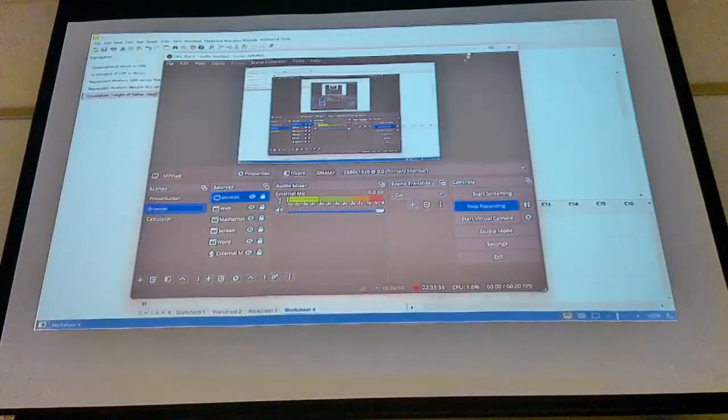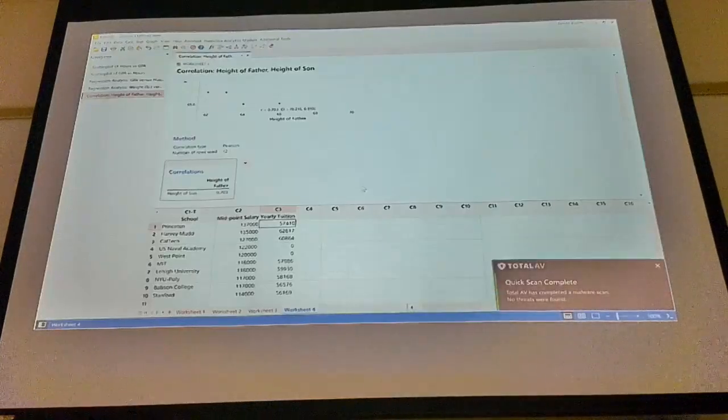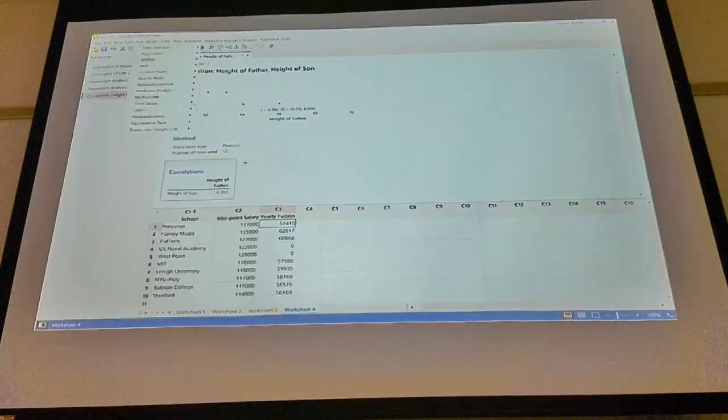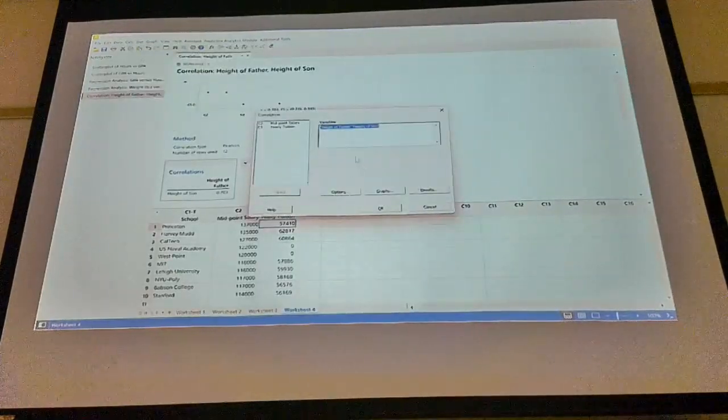All right, so here we go. I have it set up now, Minitab. So stat, basic statistics. Let's do correlation. Delete those variables.